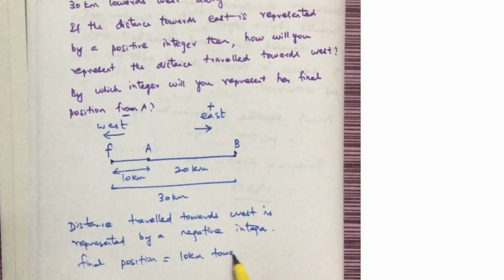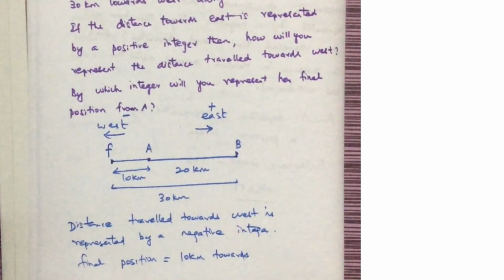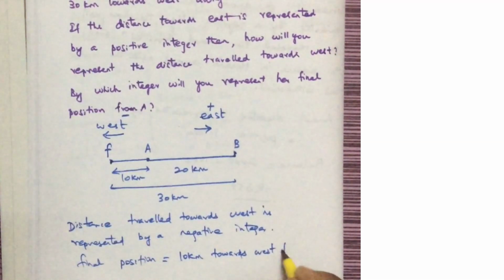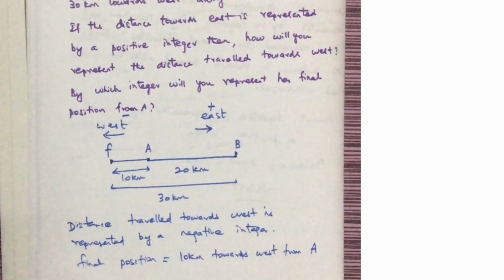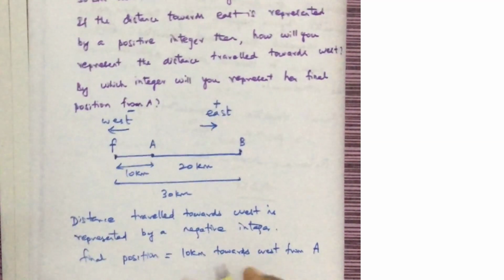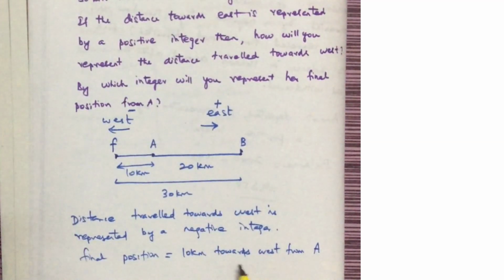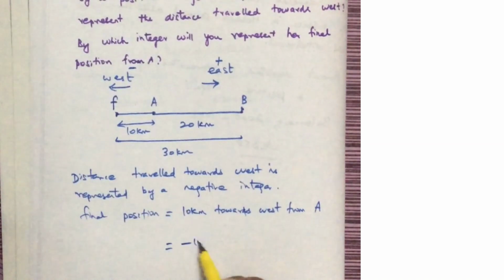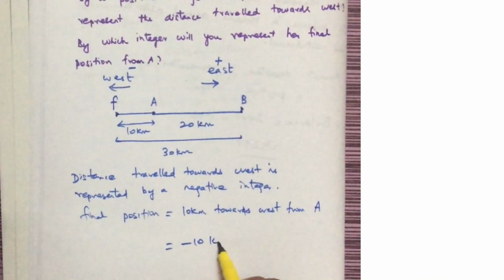Which direction? Towards west from A. Okay, 10 kilometers towards west from A. If it is travelling towards west, that should be represented by a negative integer. So it is minus 10 kilometers.